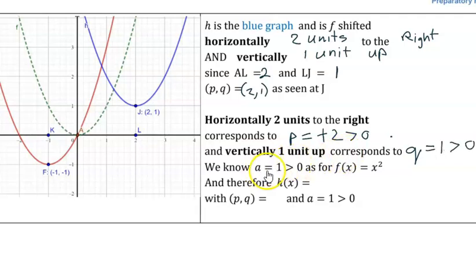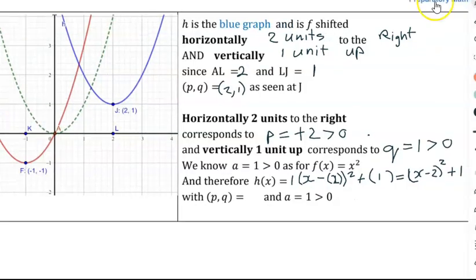We know that a is equal to 1 because we said we're going to shift f, so we keep a equal to 1, and then we plug in our p value and our q value, so we have 1 times (x minus p, which is 2) squared plus q, which is equal to 1, and if we simplify that, we get (x minus 2) squared plus 1.